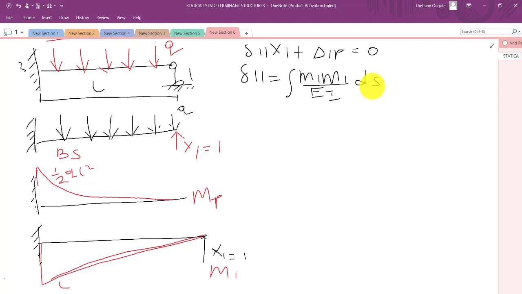So this delta 11 would be equal to, since we only have one shape, a triangle, and the triangle is part of the basic diagrams that we talked about, what we need is its area. So 1 over EI is a constant, times its area, which is half B, where B is equal to L, the length of the triangle, times its height, which is also L. And since we are multiplying it by itself, we need to find where the center is.